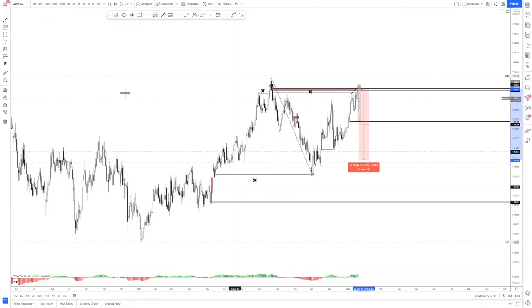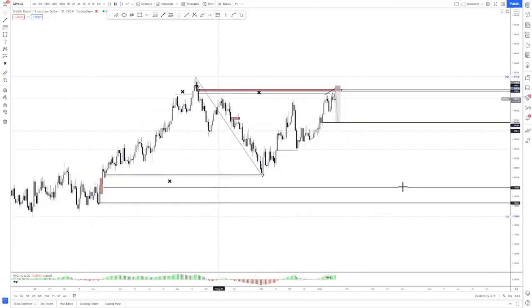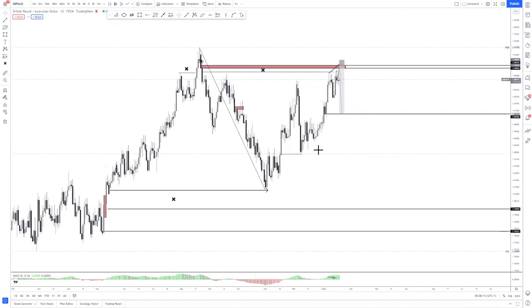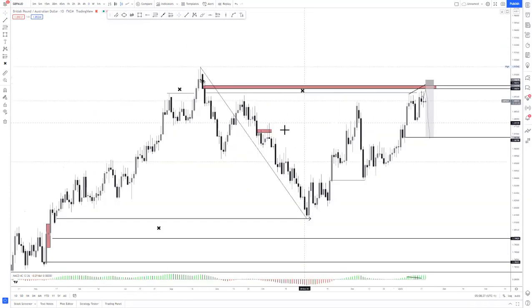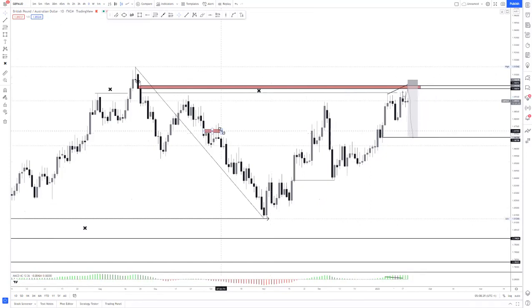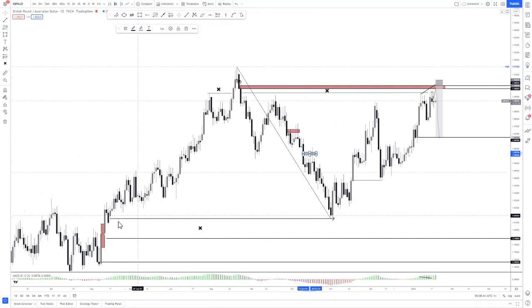So on GBPAUD on the daily time frame, we saw how price made this move, how these highs were cleared down here, and we had this drop. Price came back to this area, then dropped again, gave some intraday entries and kept giving intraday entries, also some little swing entries like this point, and went down to this area.